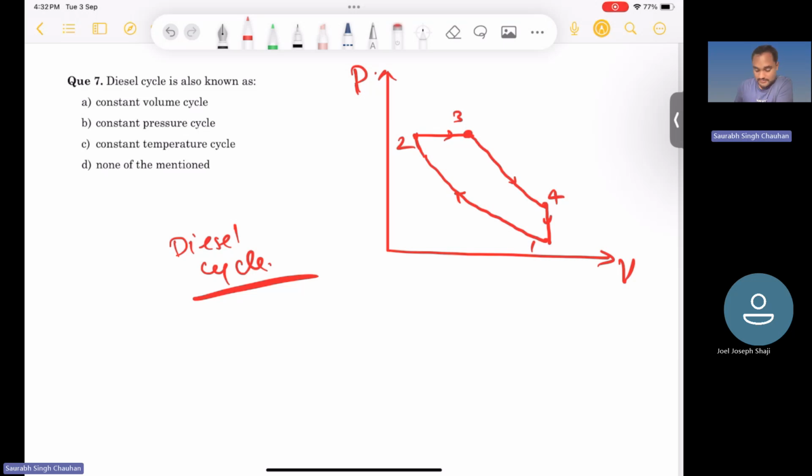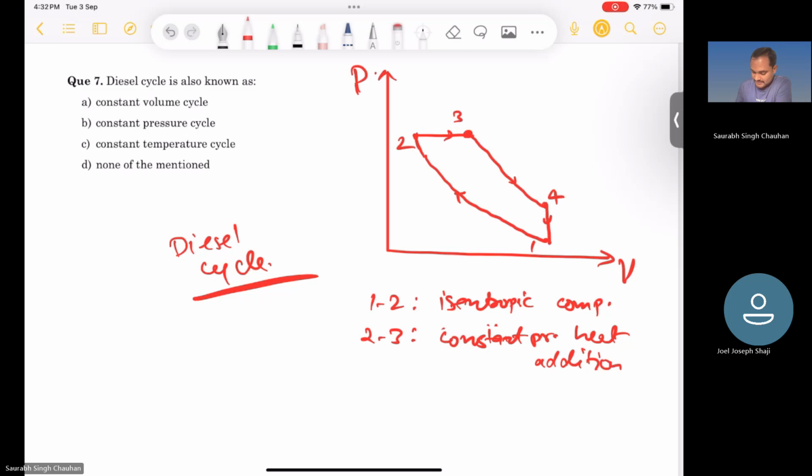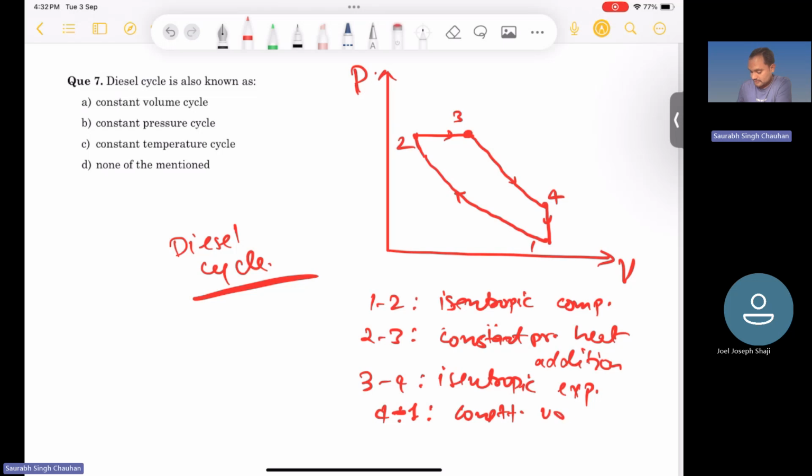So this is our diesel cycle. 1 to 2, it is isentropic compression. 2 to 3, it is constant pressure heat addition, and 3 to 4, it is again isentropic expansion, and 4 to 1, it is constant volume or isochoric heat rejection or exhaust. Okay, so now you can answer this question.